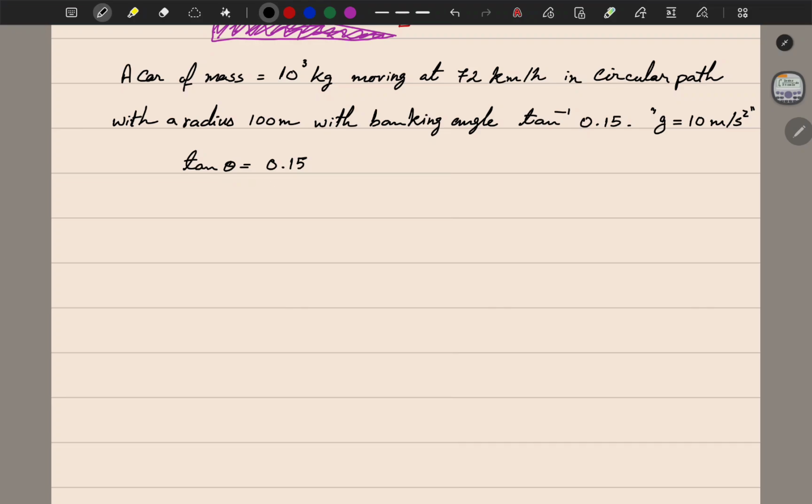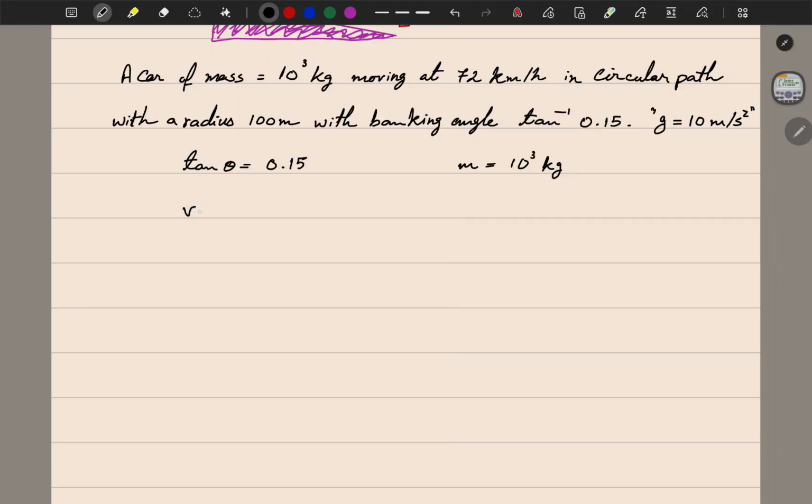So tan theta equals 0.15. The mass equals 10 to the power of 3 kilograms, and I usually write down the given measurables so it's easier to follow and less likely to make mistakes.